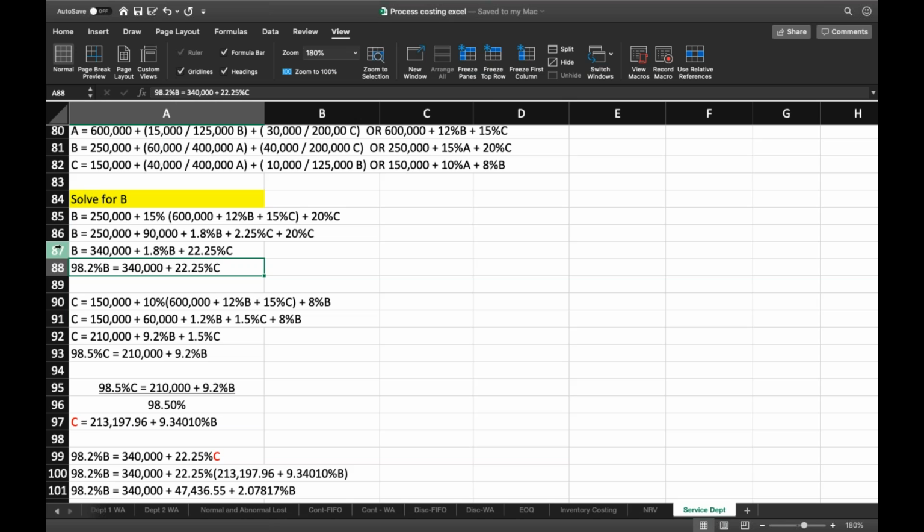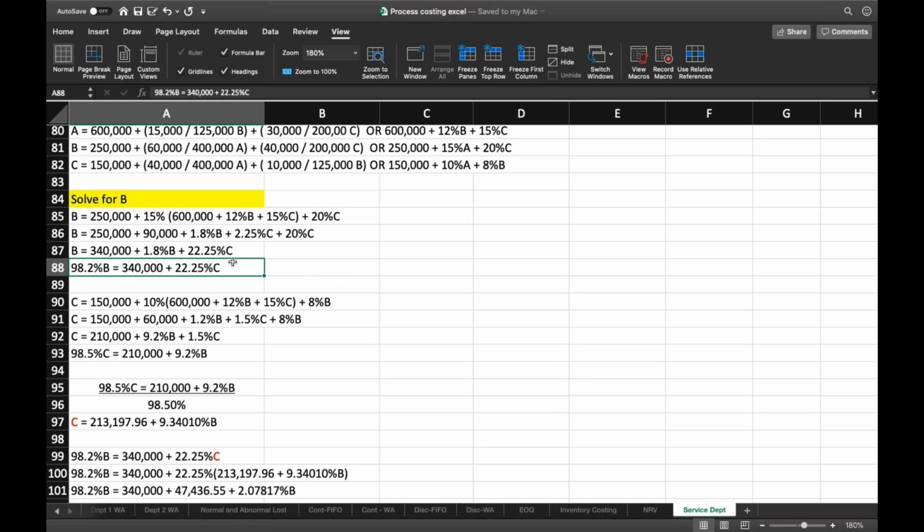When we transpose it to the other side, it will become negative. So 98.2% B is equal to 340 plus 22.25% C. Now at this point, we have to pause for a while because even if we divide this by 98.2%, we still have a variable of C. So we have to compute first the value of C before we can arrive at the final amount.